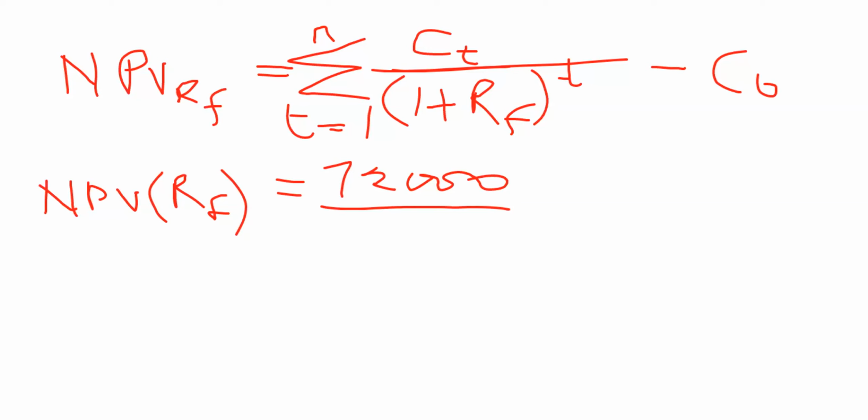So it's going to be 1 plus 10%. 10% now, that will be 1.1 raised to power 1, plus, what's the next one? How did you get 1.1? Okay, 10%, 1 plus 10%, that's 1.1 as usual.